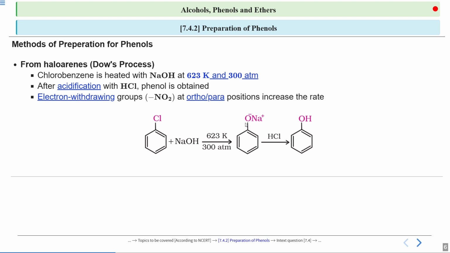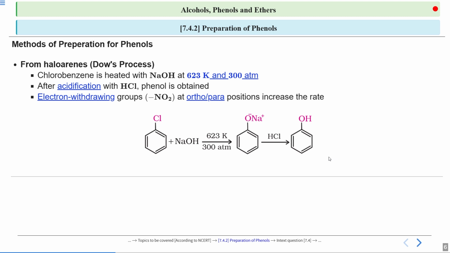And here I have O minus and Na plus. So this H plus will attach to this O minus and we will get phenol. See, this OH hydroxyl group is directly attached to the benzene ring. And Na plus will attach to Cl minus and NaCl will leave. And we got the final product, that is phenol.